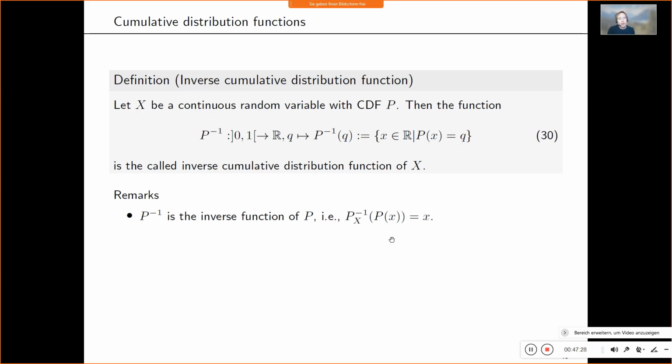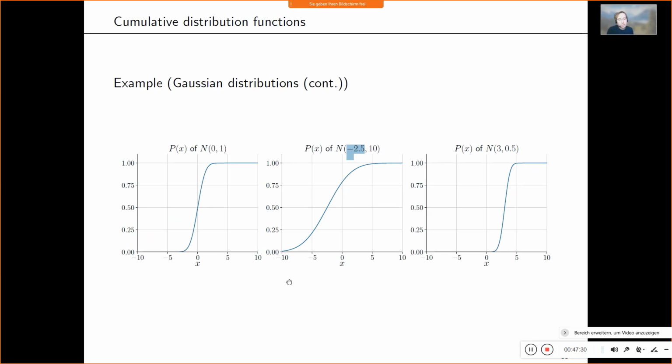What we are doing right now is that with a CDF, we think about a value that the random variable can take on, if it's a continuous random variable, or some real value for a discrete random variable, and we want to know the probability that the random variable takes on a value smaller or equal to this value. Now that's interesting, but sometimes we have a probability.